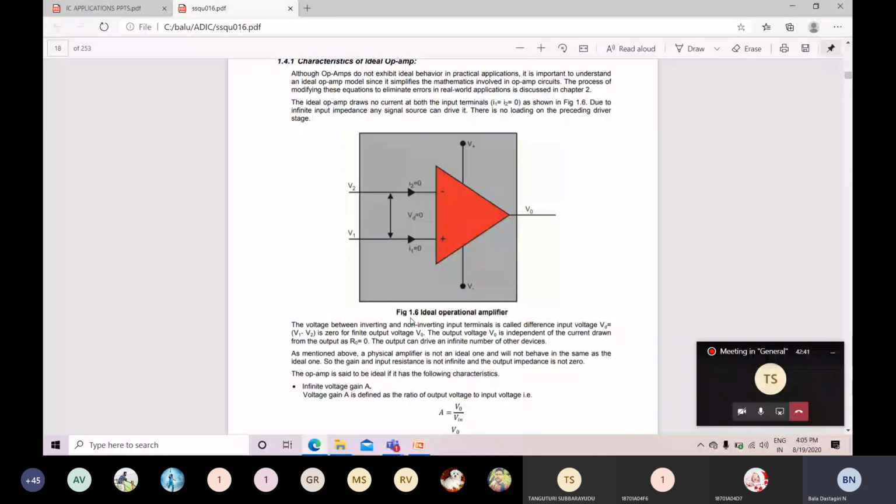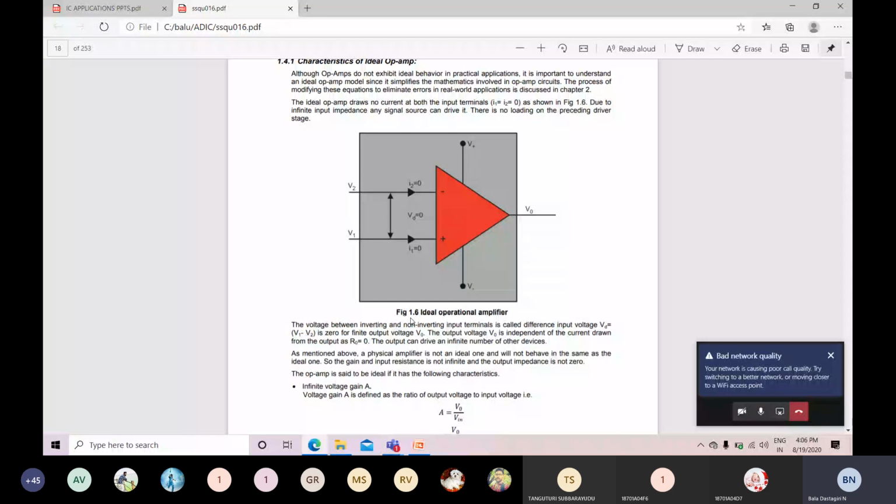First, we have to draw the ideal operational amplifier with negative and positive terminals, that is, inverting and non-inverting terminals, power supplies and output voltage. Let V1 be the voltage across the positive power supply and V2 the voltage across the negative power supply.